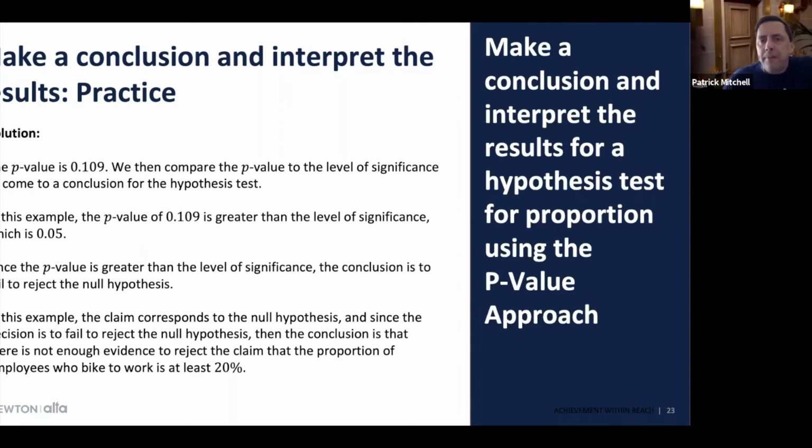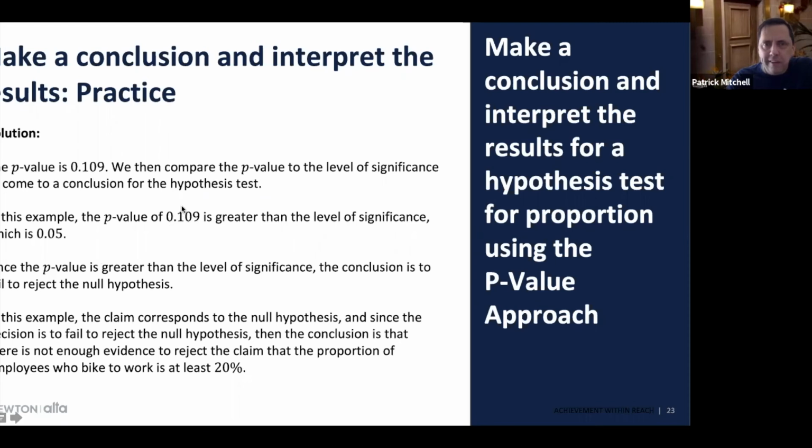We then compare the p-value to the level of significance to come to a conclusion for this hypothesis test. So in this case, the p-value, 0.109, is greater than the level of significance. So in a world where exactly 20% of people bike to work, the probability of finding a sample of 500 people where 89 bike to work is almost 11%, all right?